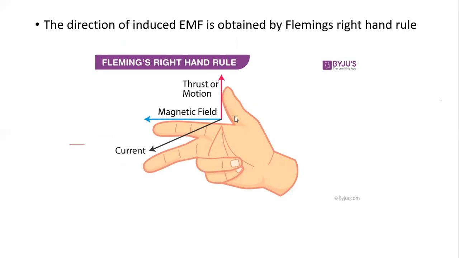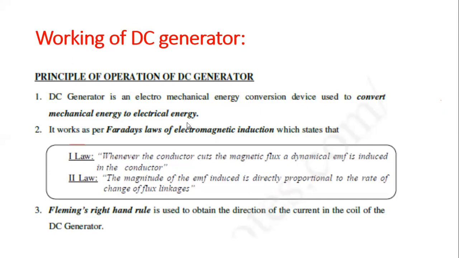The thumb represents the direction of motion, the middle finger represents the direction of the magnetic field, and the forefinger represents the direction of the current or the induced EMF. By using this Fleming's right hand rule, we can determine the direction of the induced EMF.